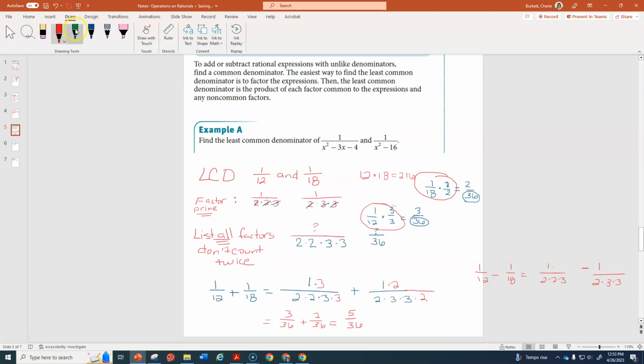I would have to get a common denominator here. I have 2 2's, and over here I only have 1 2, so I'd need to multiply top and bottom by 2.